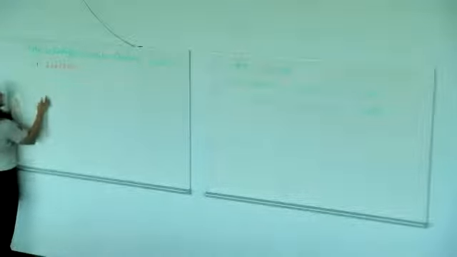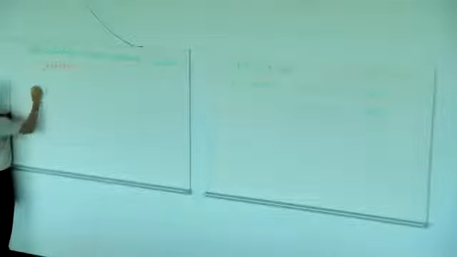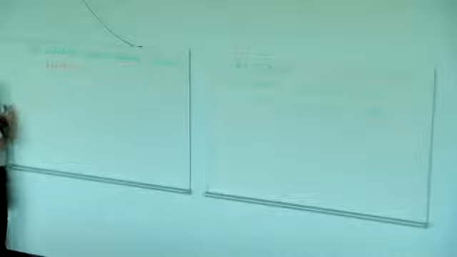Sure, one might go with the same logic: x is equal to r cosine theta, y is equal to r sine theta. Perfectly fine. But when you're going from polar to rectangular, I want you to keep this in mind. x is equal to r cosine theta.